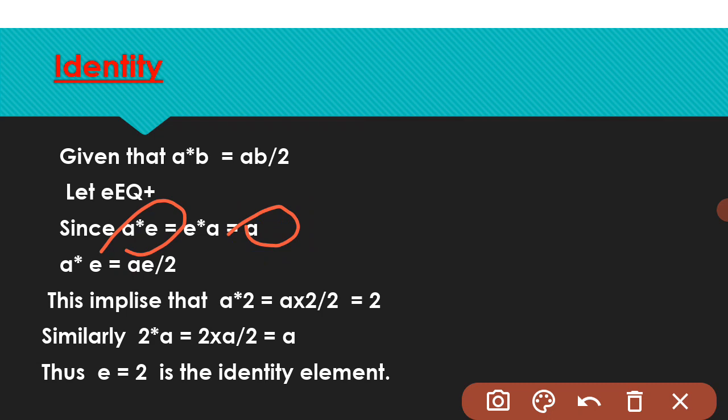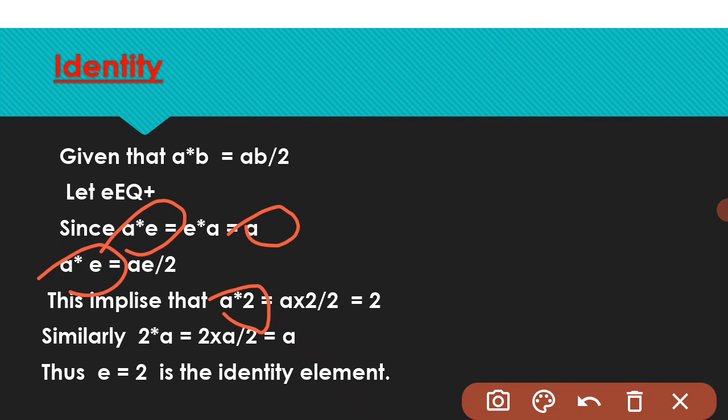It means that E will be 2. E will be 2 because as we operate A star E, it gives us 2 in the denominator. To balance the denominator and numerator, the 2s will cancel with each other and it gives us A.